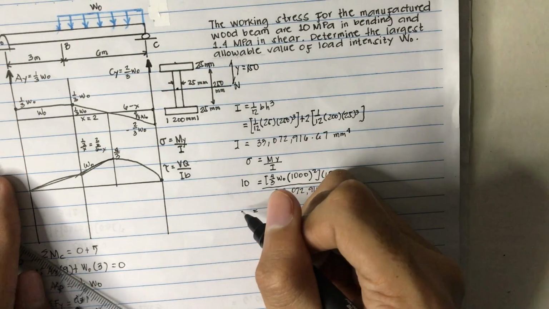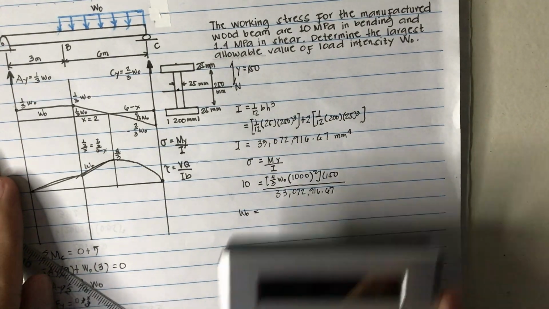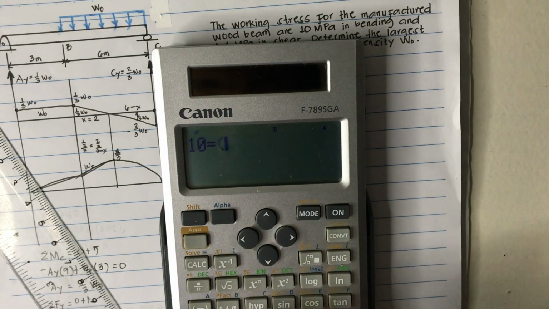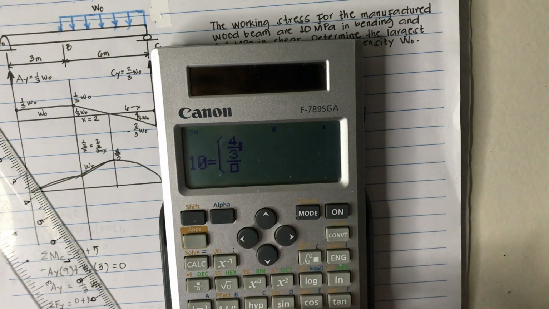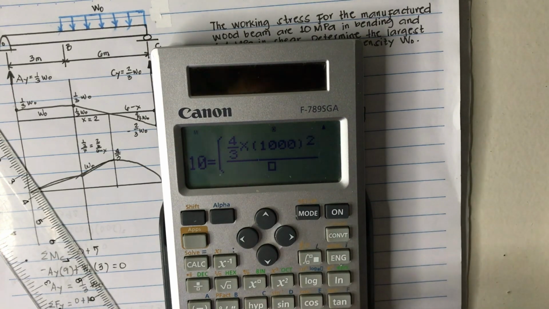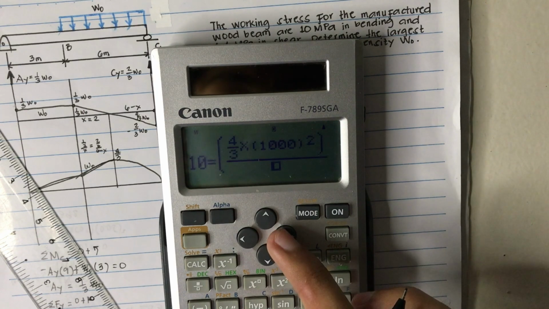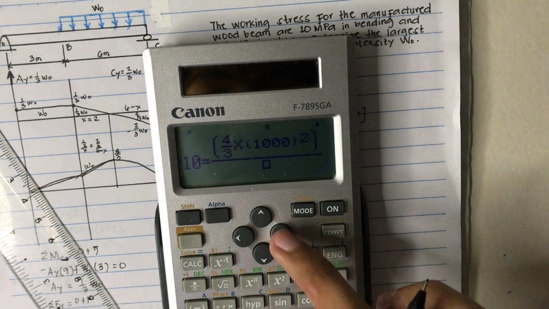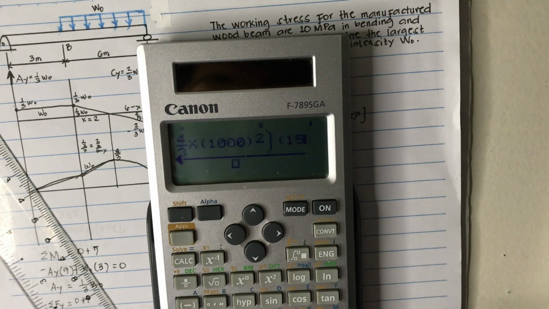And compute natin na lang tayo load nga alpha x and then 1,000 raised to 2 for the conversion, then times y na 150, then I nga 33,072,916.67.